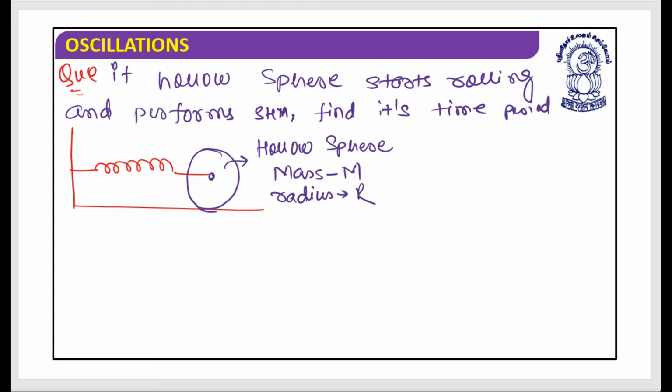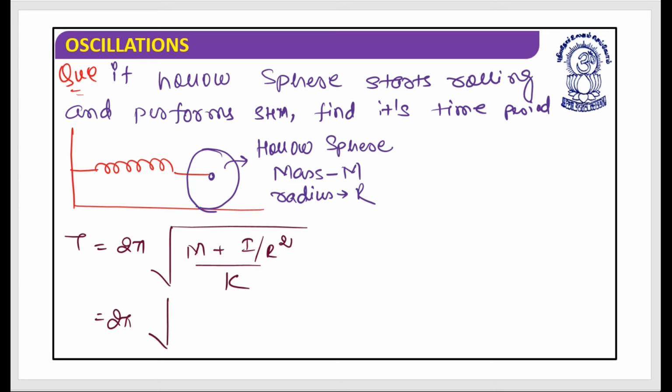Have you done it? No? Let me help you. This time period could be given as T equals 2 pi under root of m plus I by r squared, divided by k. This equals 2 pi root of m plus I, which is 2 by 3 mr squared, divided by r squared, divided by k.